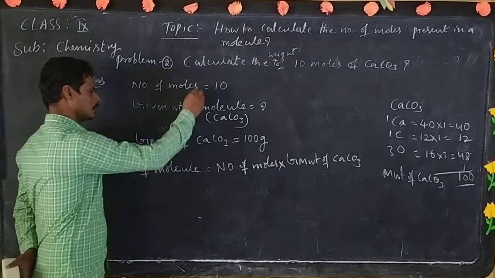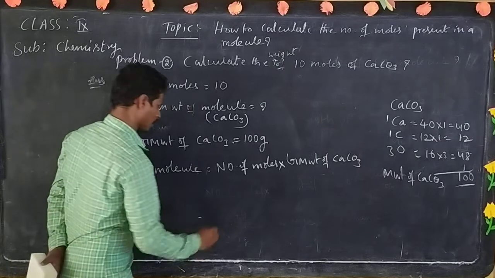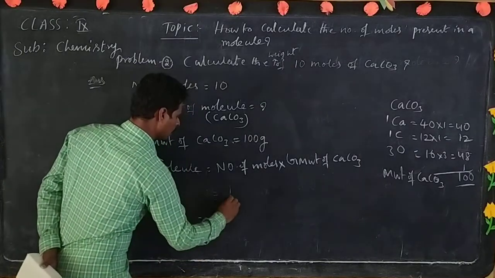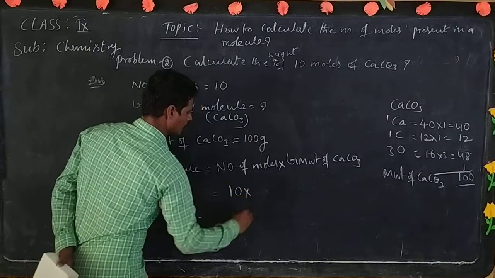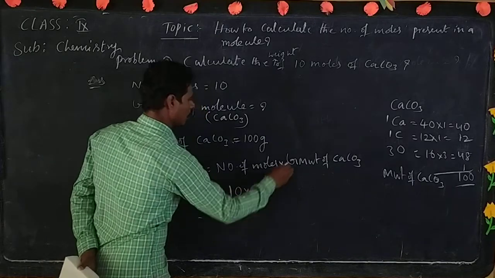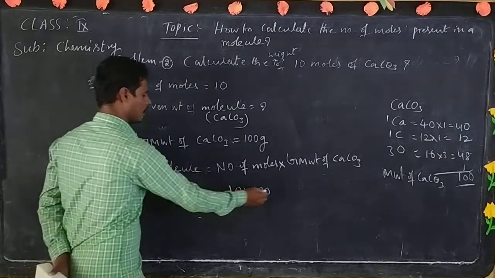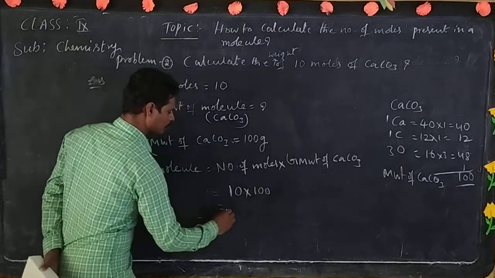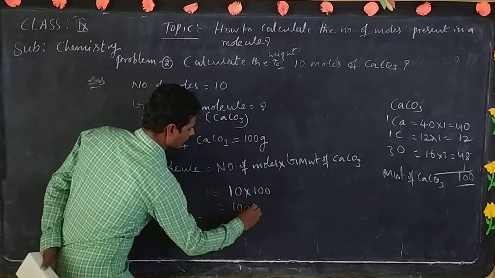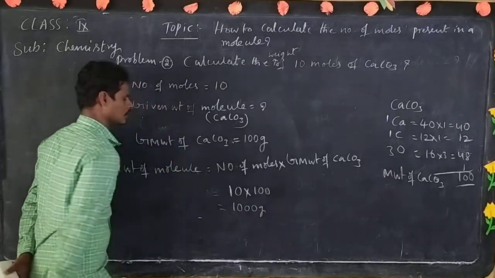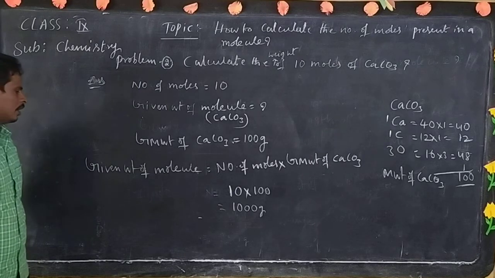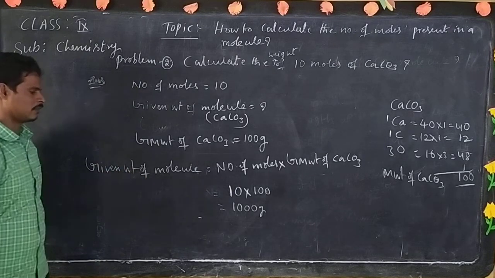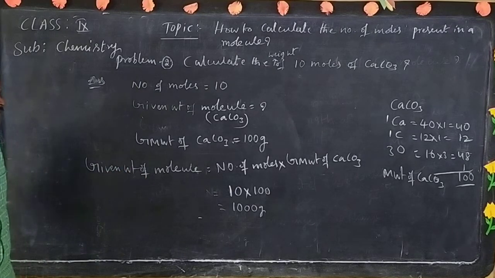We know the values, so we apply these values in the formula. Number of moles 10 into molecular weight of calcium carbonate, 10 into 100. How much is the value? 1000. That is the given weight of molecule, equal to 1000 grams.